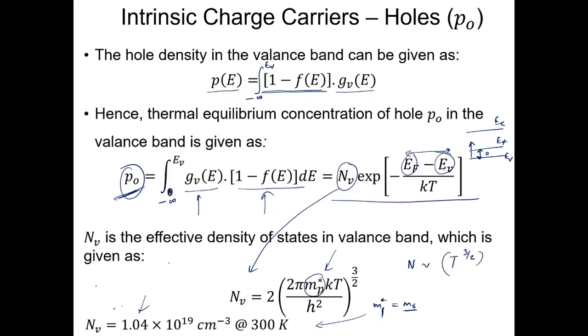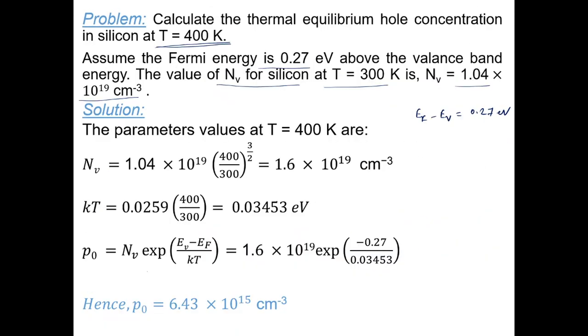So if you have the value at 300 Kelvin, all you have to do is use the 300 Kelvin value times the additional factor, which is 400 divided by 300 to the power 3 by 2. If you do the maths, you get 1.6 into 10 to the power 19 per centimeter cube.